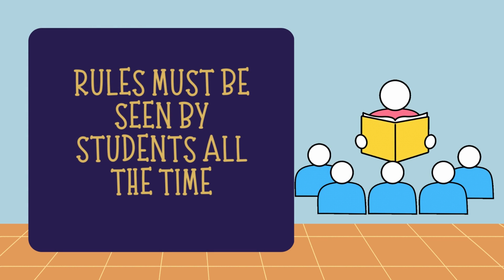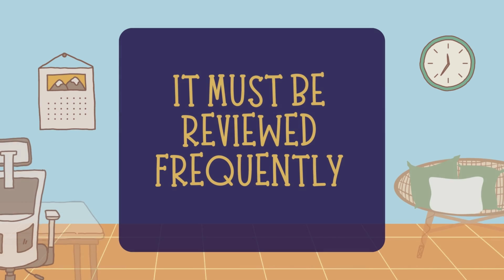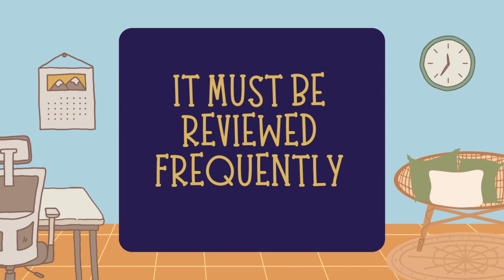Rules must be seen by students all the time. For example, if a student mistakenly or unintentionally is not following some rule, in a most polite way the teacher can make the student look at the board. So it must be pasted on the soft board and seen all the time in the class. It must be reviewed frequently. With my experience of almost 20 years, I see that with the passage of time this new generation has a very short span of concentration.